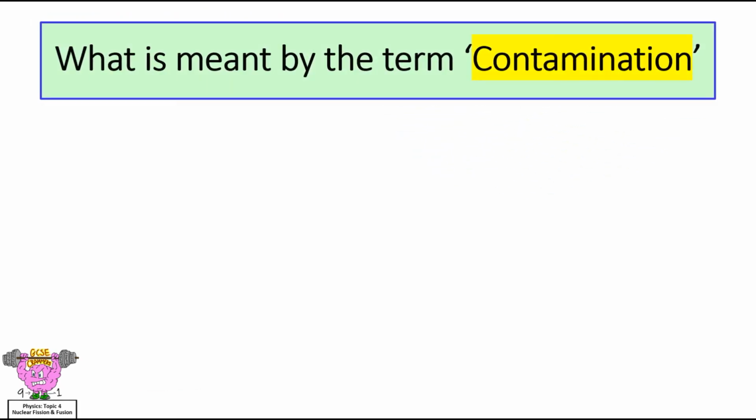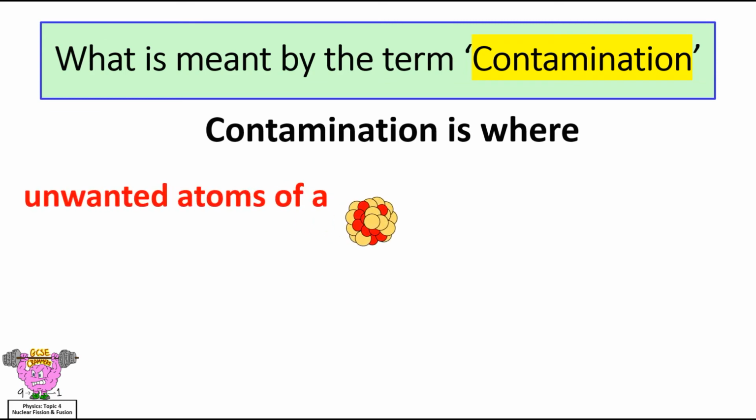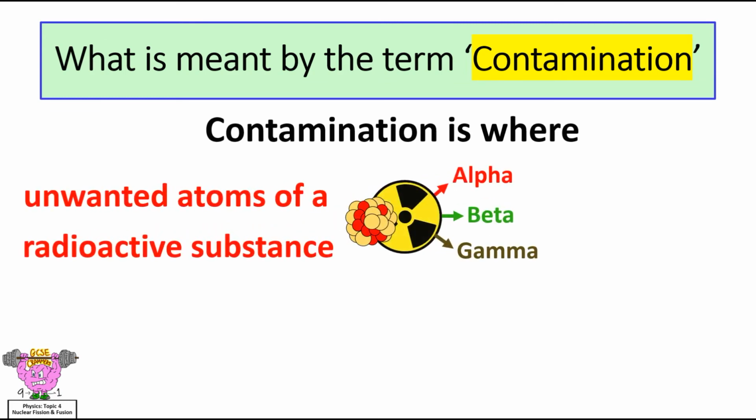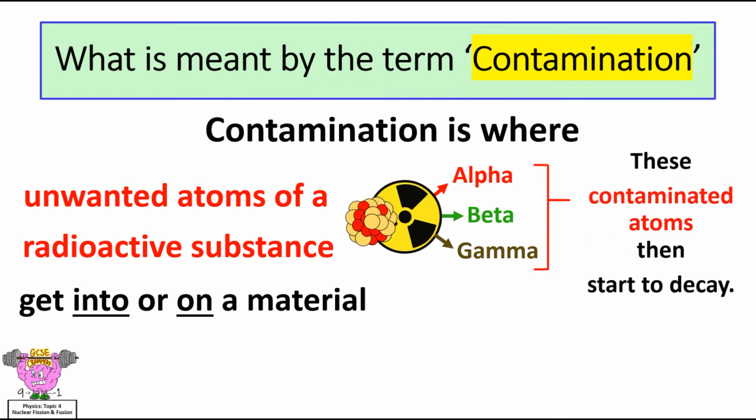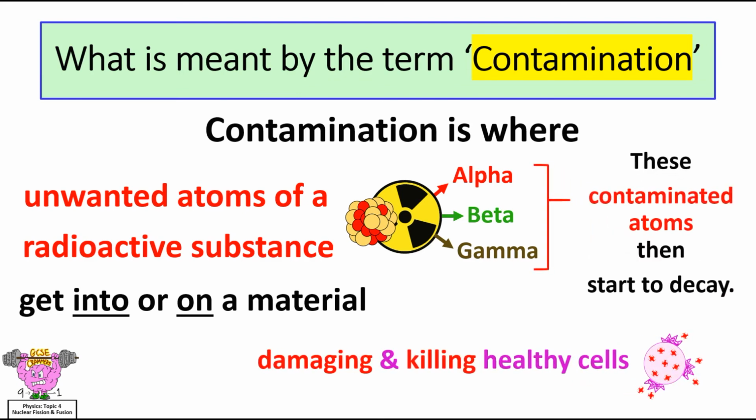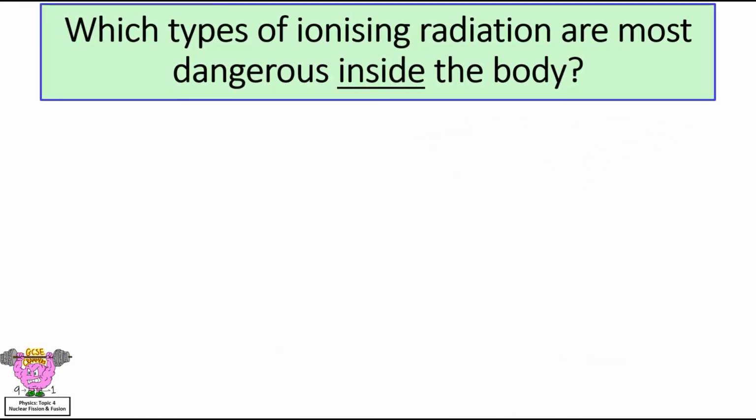What is meant by the term contamination? Contamination is where unwanted atoms of a radioactive substance get into or on a material. These contaminated atoms then start to decay, damaging and killing healthy cells. Which types of ionising radiation are most dangerous inside the body?